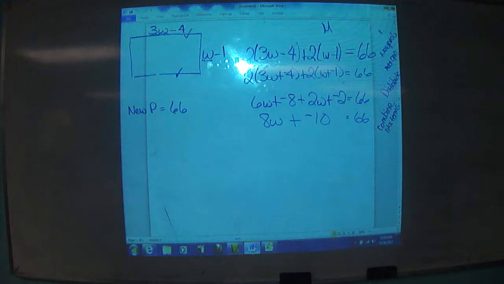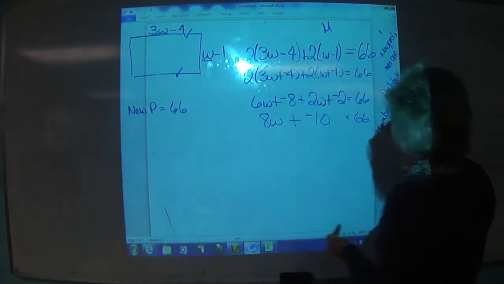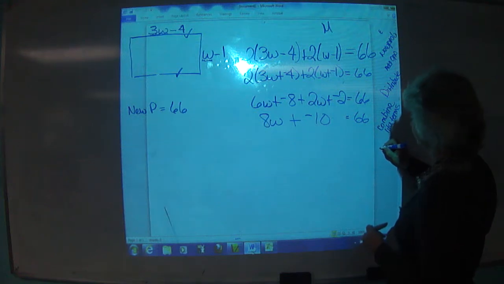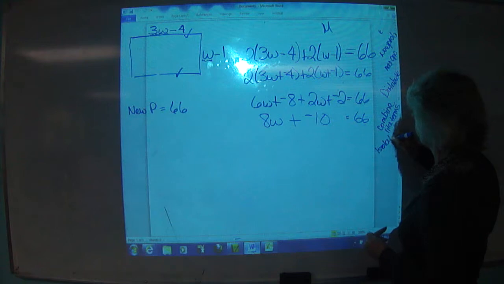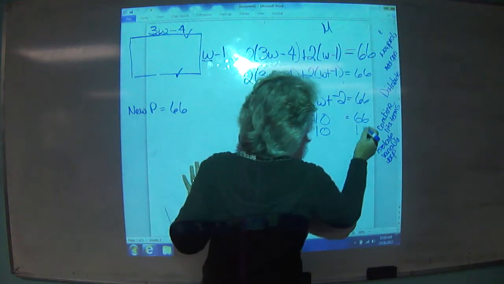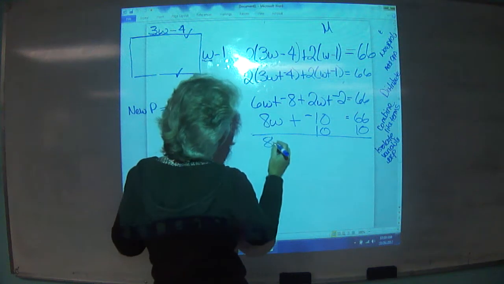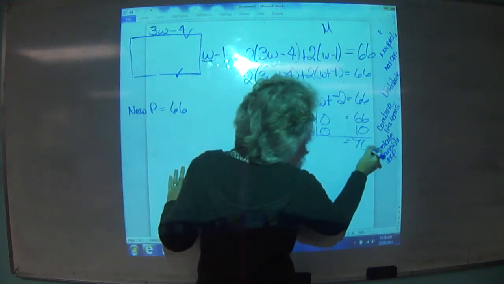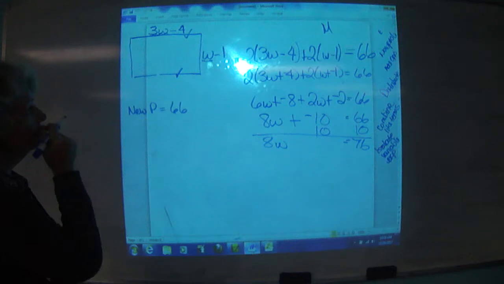Now what? Add 10 to both sides, and what are we doing there? Isolating the variable expression. You're so smart. So we're going to isolate the variable expression by adding 10 to both sides. 8W equals 76. Where did we go wrong?